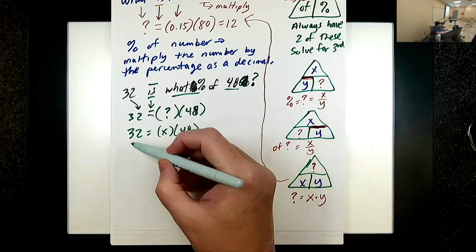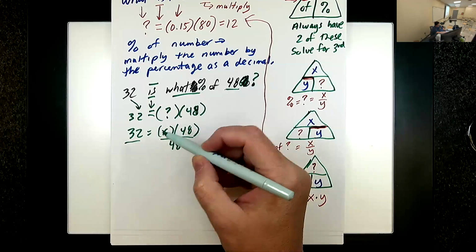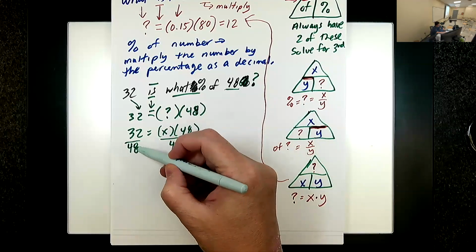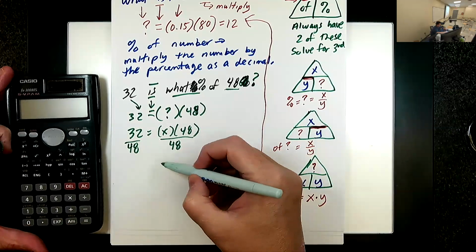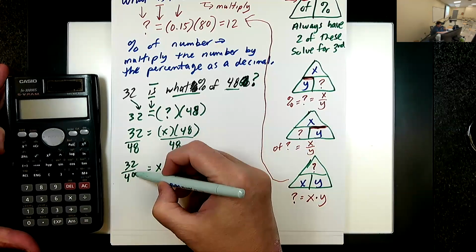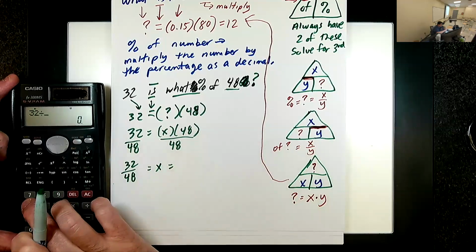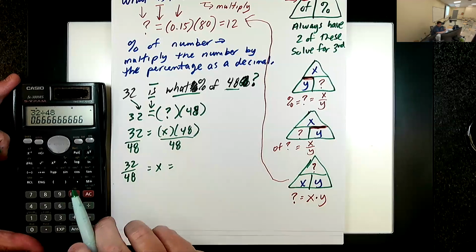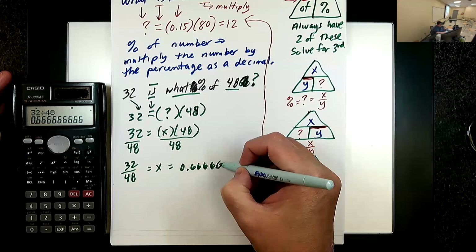So we learned how to do this. We know how to do this. We get X by itself by dividing by the number multiplied by it. And I am getting 32 over 48, which I write as a decimal. 0.666666.